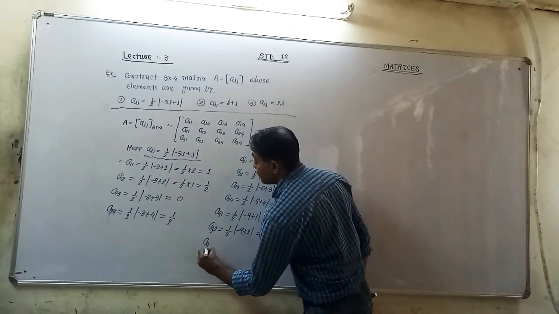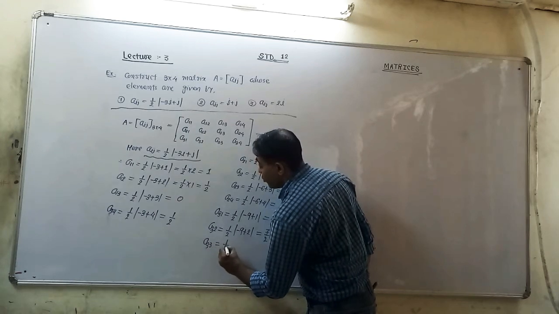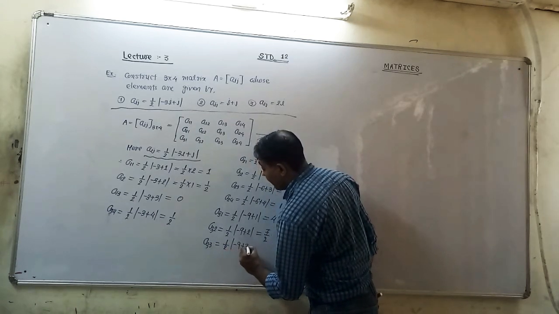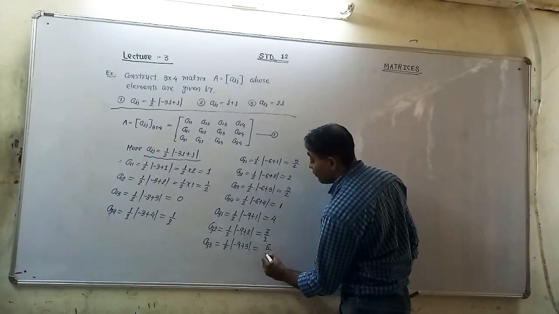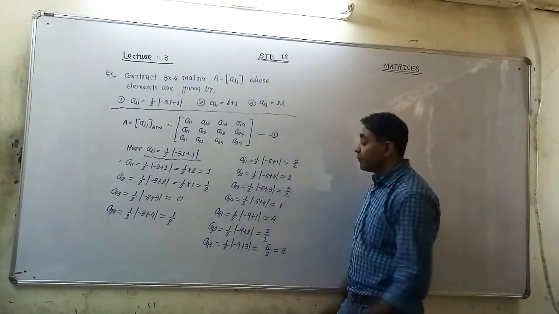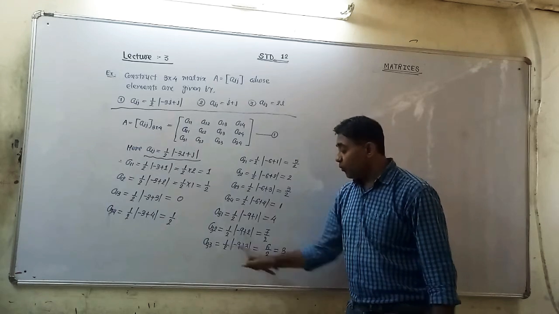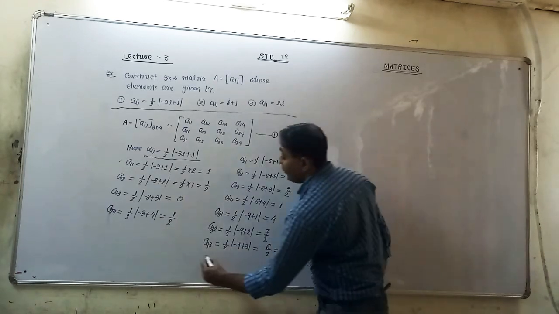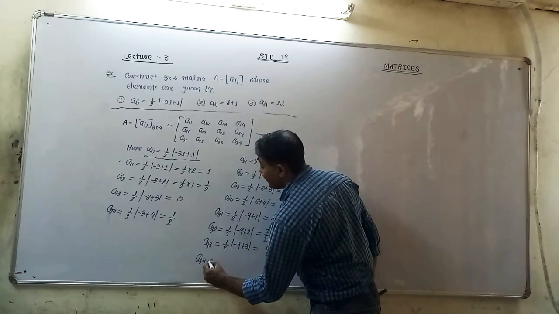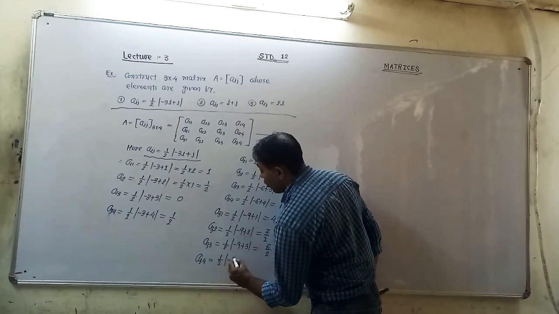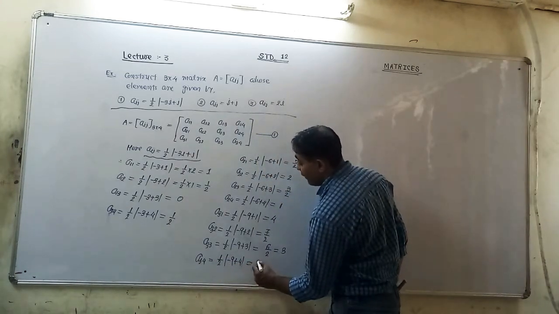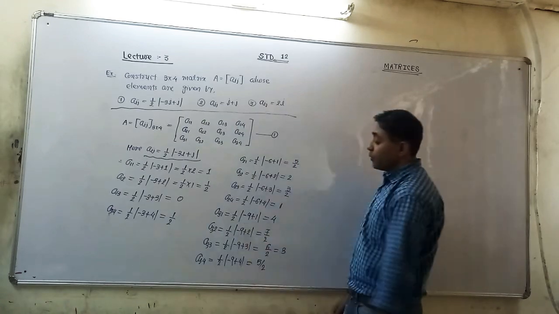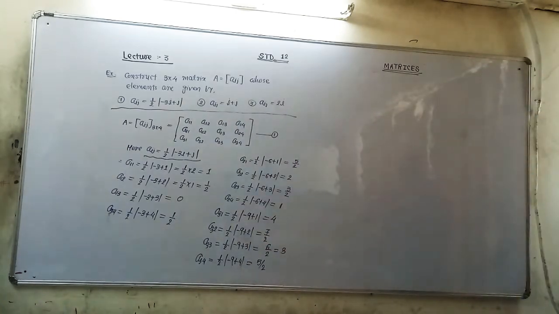A33, 1 by 2, modulus of minus 9 plus 3, so minus 6 by 2, so 6 by 2 is 3. And finally the last element A34, 1 by 2, modulus of minus 9 plus 4, so that is 5 by 2. So these are all elements of this matrix.